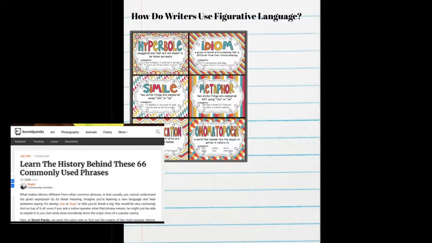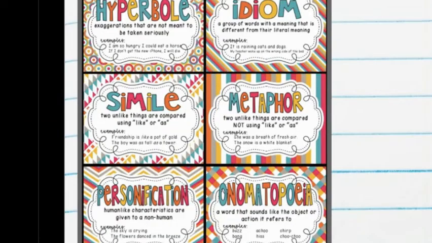Similes are comparisons where you're using like or as. Metaphors are also comparisons, but there is no like or as. It's usually between two unlike things. So you might say something like, laughter is music of the soul.